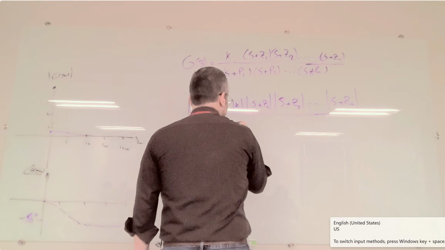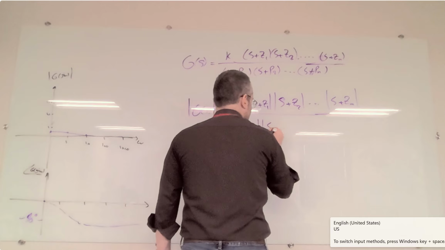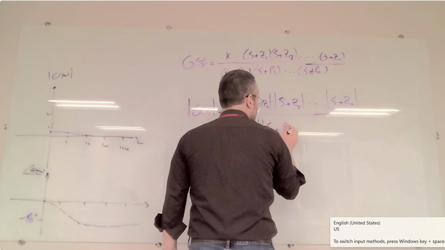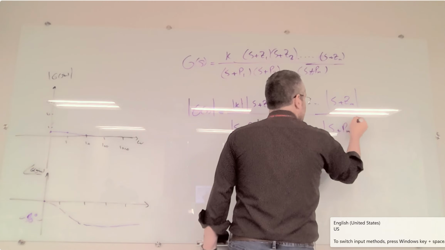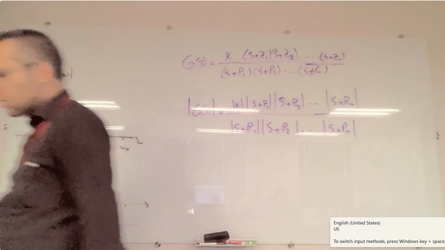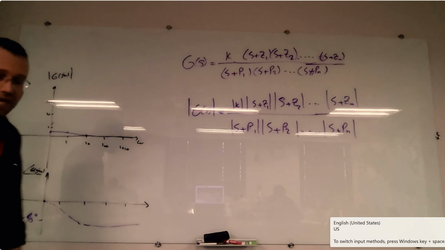The same goes for the poles, pole 2 all the way to the last pole. No, I don't want to do that. If it's me, I don't want to do that. How can I fix that?